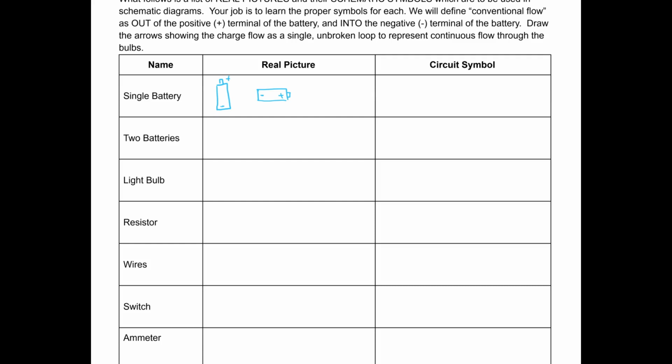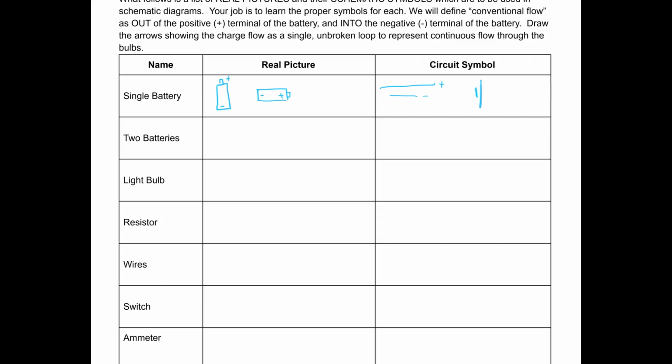What we would draw is the circuit symbol, where the positive terminal is longer than the negative terminal. So this is the positive and this is the negative. We don't have to label the positive and the negative. If we drew it on its side, here's the negative and here's the positive. Like I said, you don't have to label the positive and negative anymore. It's just understood that the longer part is positive.